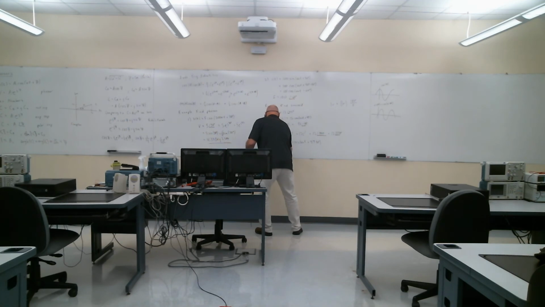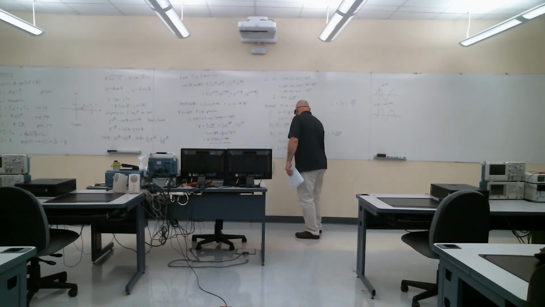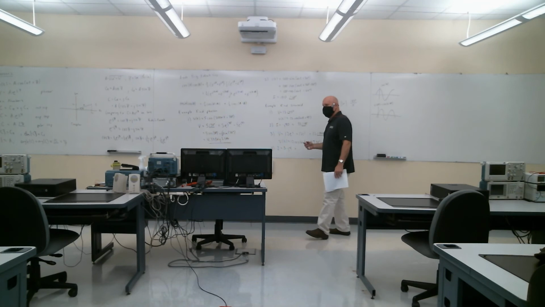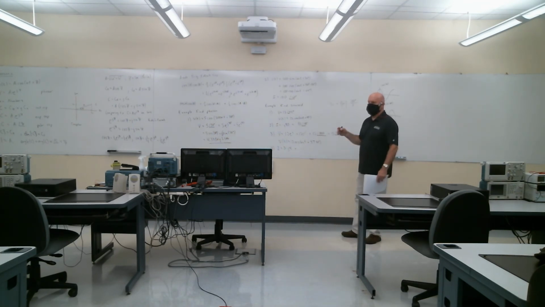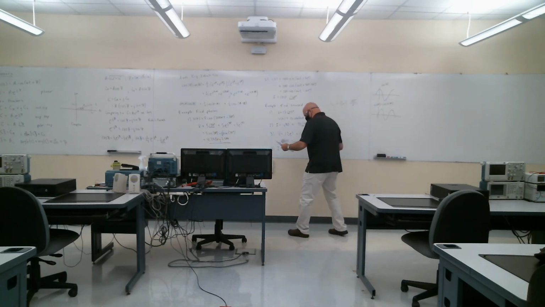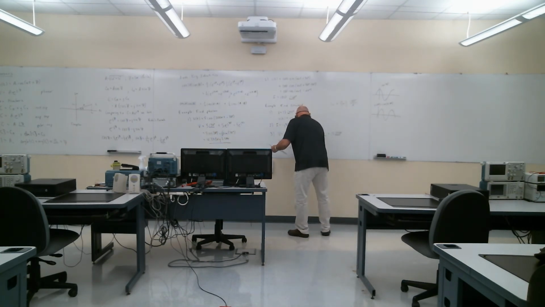Okay, one more. Let's say I is 3 minus j4. Again, just punch that into your calculator and ask for it in polar or exponential form. This is just 5 at an angle of minus 53.13 degrees.